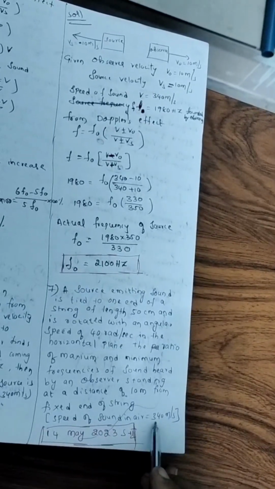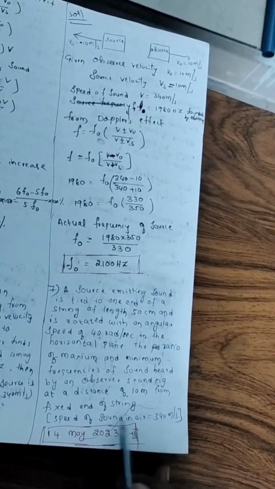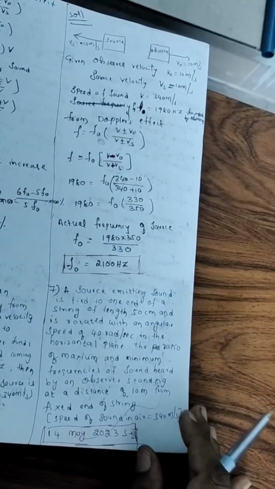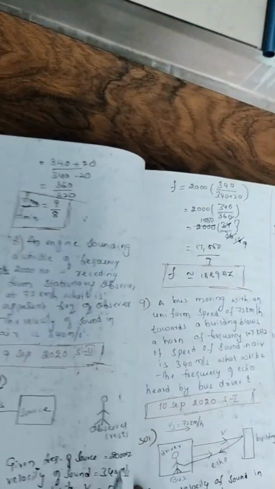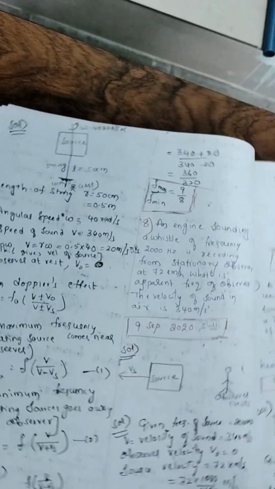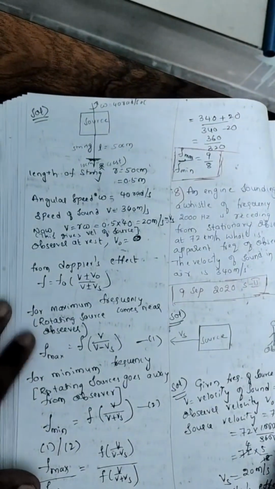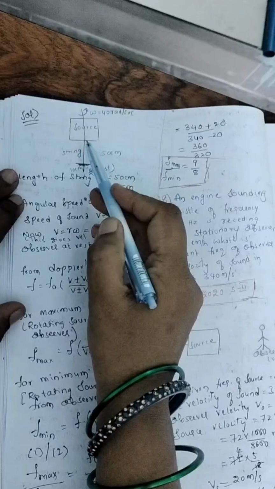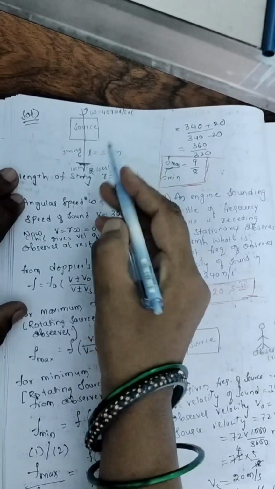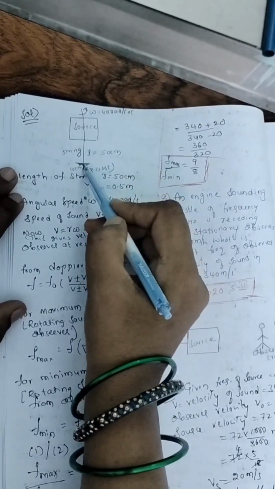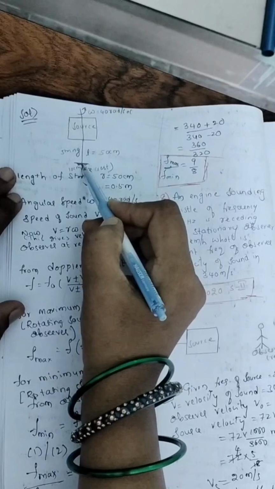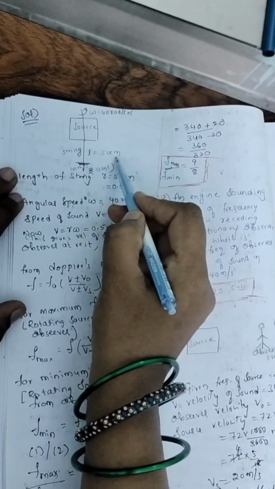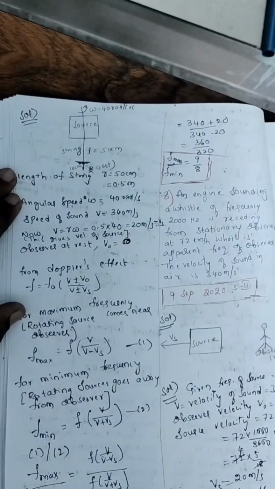He is saying to take the speed of sound as 340 meters per second. Now in the problem, the source is connected to one end of the string. The string length is 50 centimeter. Right?